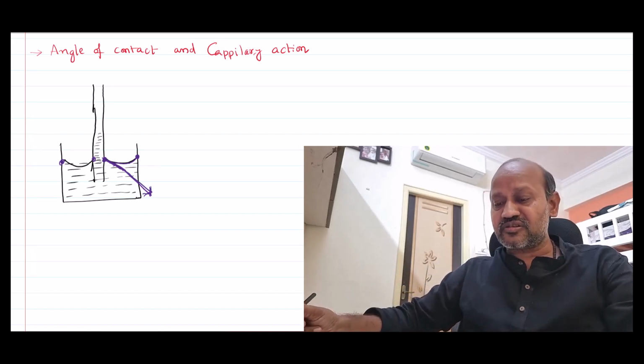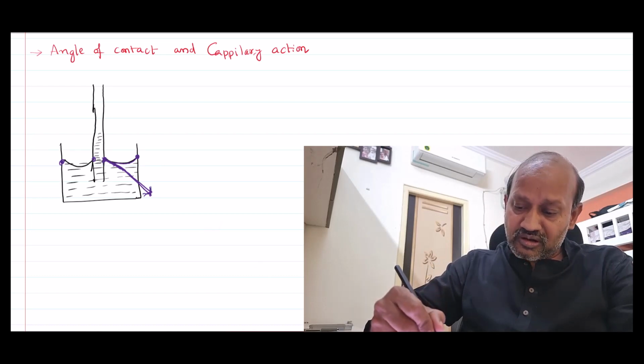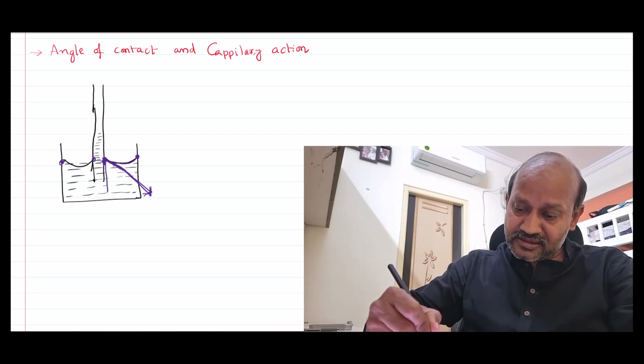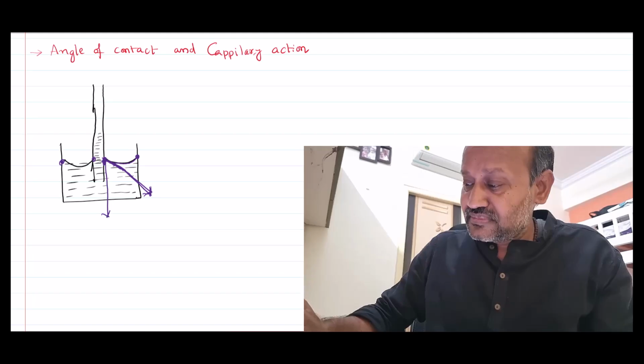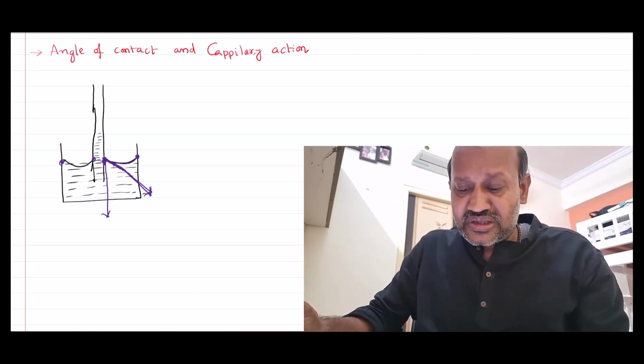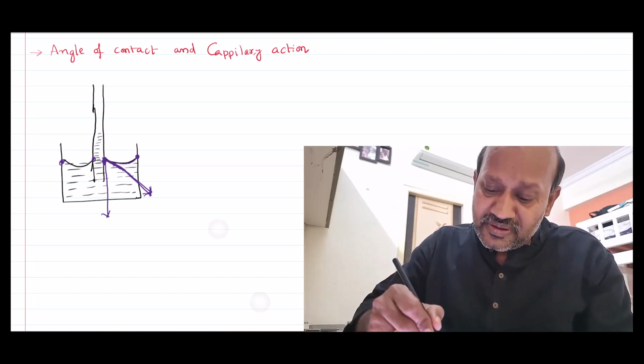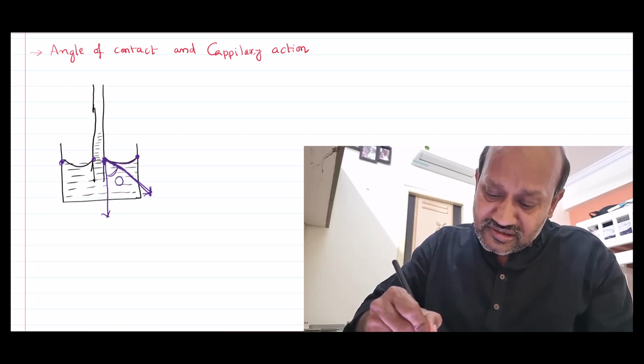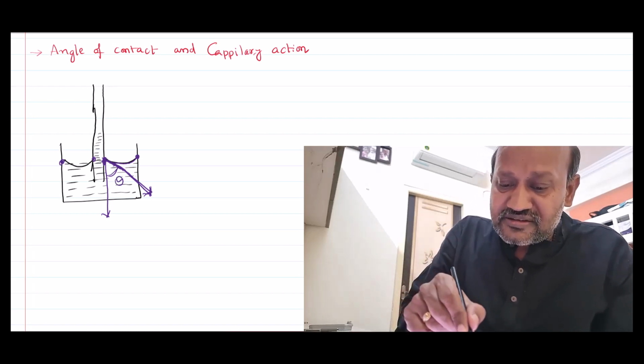Another tangent is drawn to the wall of this capillary tube into the liquid. So at the point of contact, another tangent is drawn to the wall. These two tangents are drawn. There is an angle between these two tangents. That angle is called the angle of contact itself.